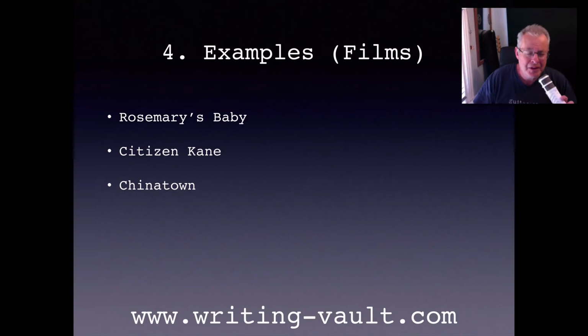Chinatown, the main character has to try and discover why the events that are happening are happening, and the explanation for it, which is perhaps more mundane than he originally expected, is what drives the conclusion.